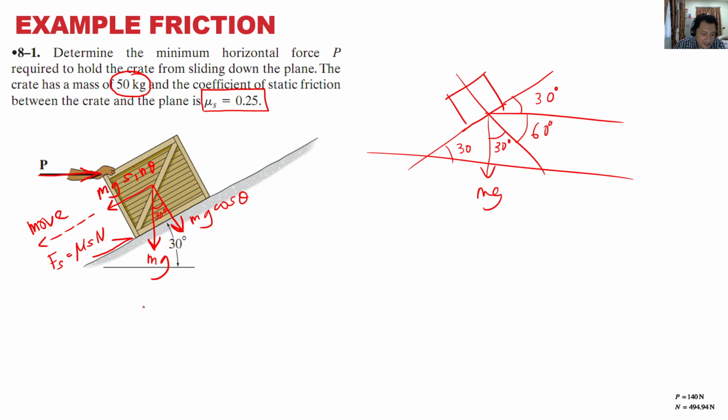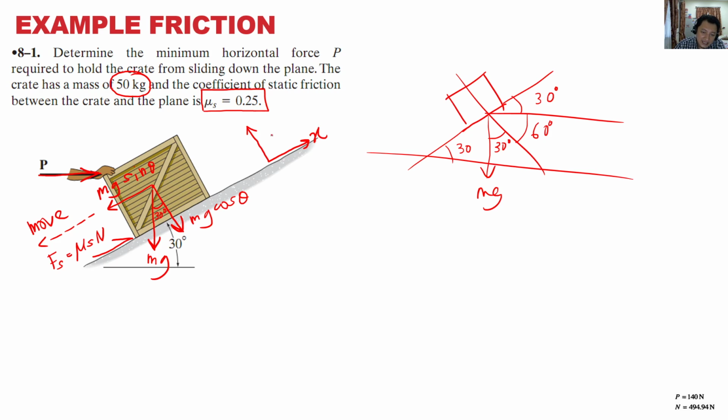So in order to solve this, you can solve this by creating an axis like this. This is x, this is y. You can solve this, but this is going to make your life harder. It is smarter to solve this like this, like so.